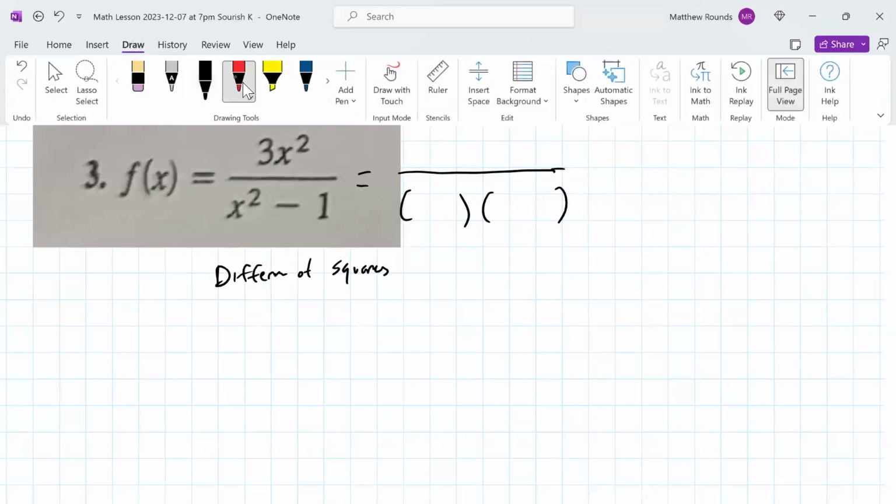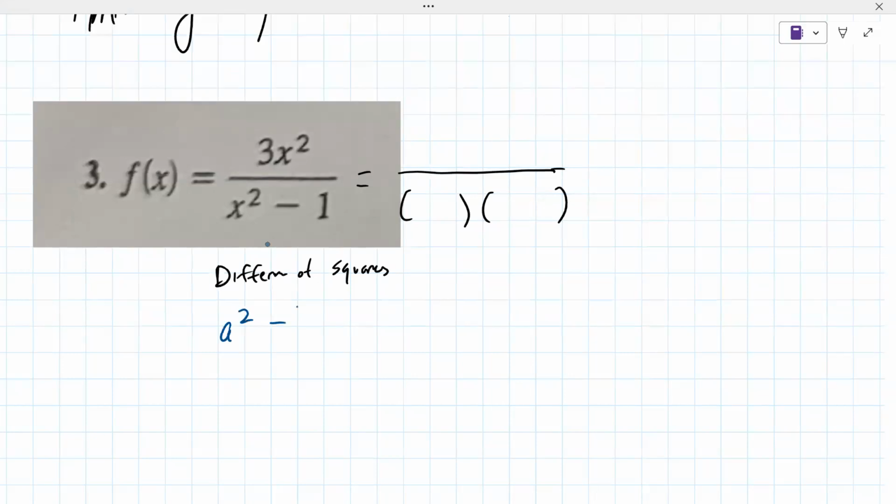Okay, now more importantly, do you remember how to do difference of squares? Do you remember what the formula is? I feel like you're just agreeing with me. I know what it is.